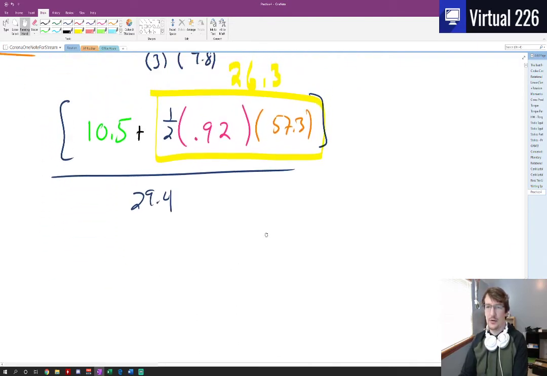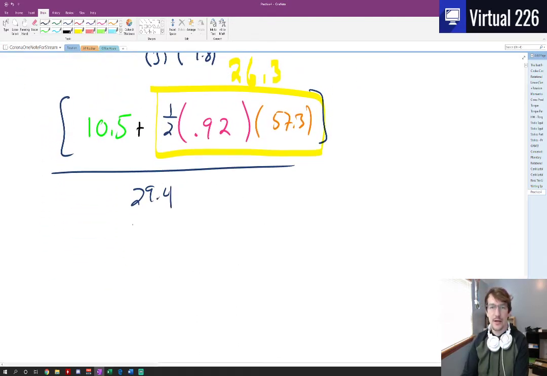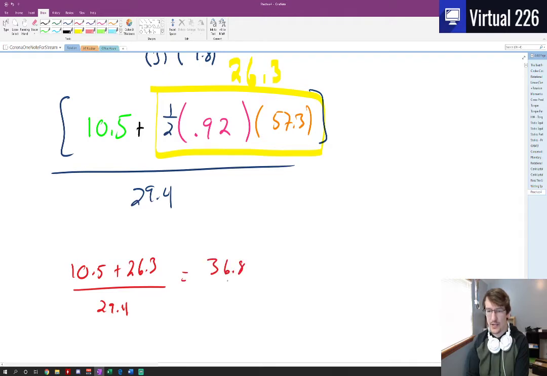So now, let's do this in red. I've got 10.5 plus 26.3 over 29.4. This is 36.8 divided by 29.4.